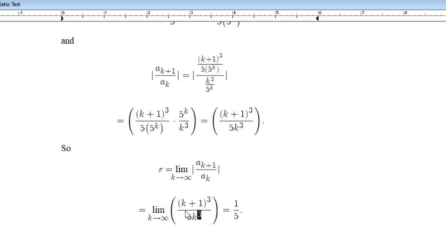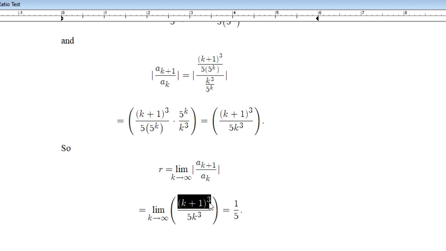It involves considering the end behavior of this rational form, where we do notice this k is going to have a degree of 3, and this k has a degree of 3. That tells us the limit's value is going to be the ratio of the leading coefficients for the polynomials found in the numerator and denominator.